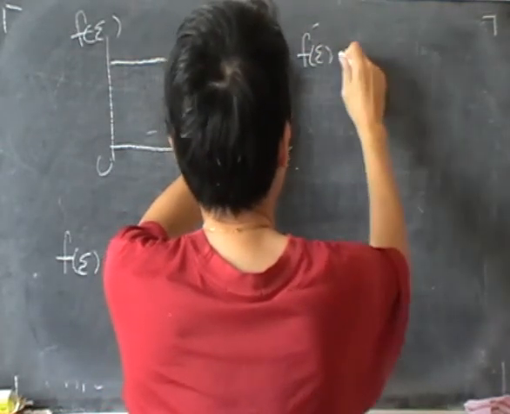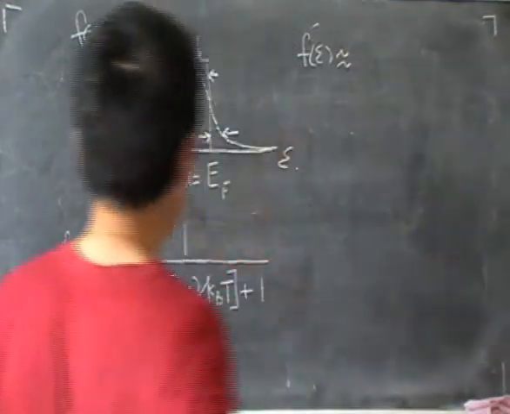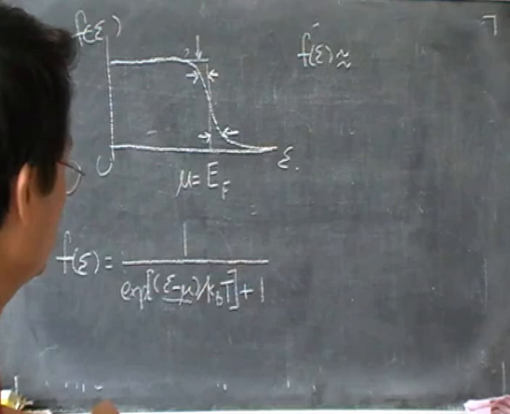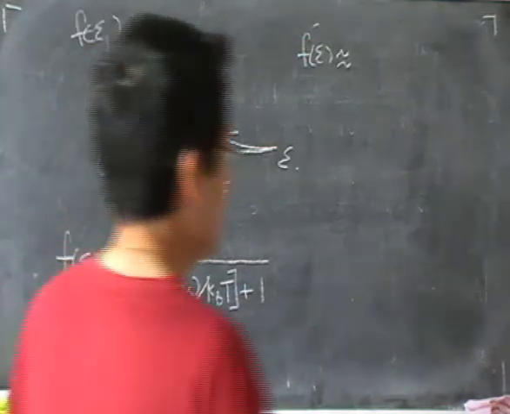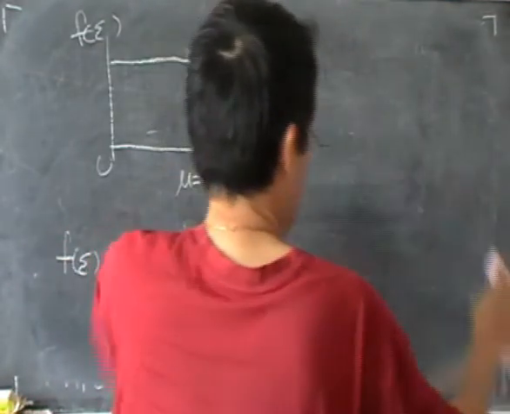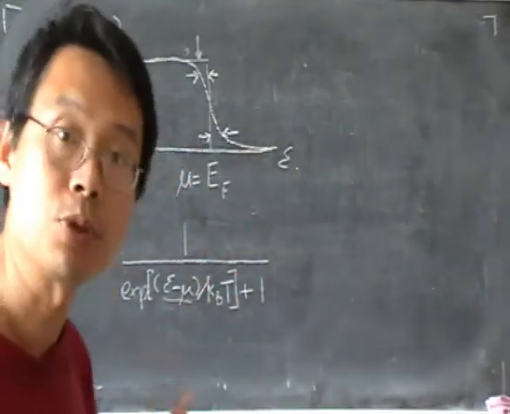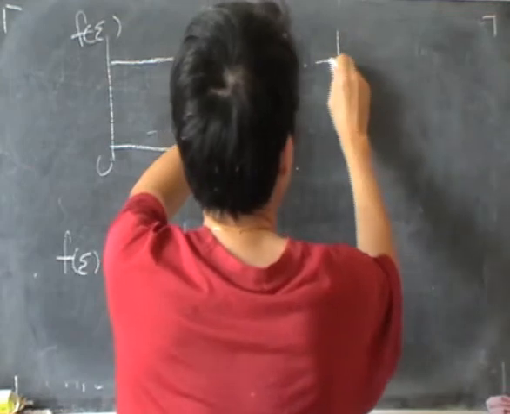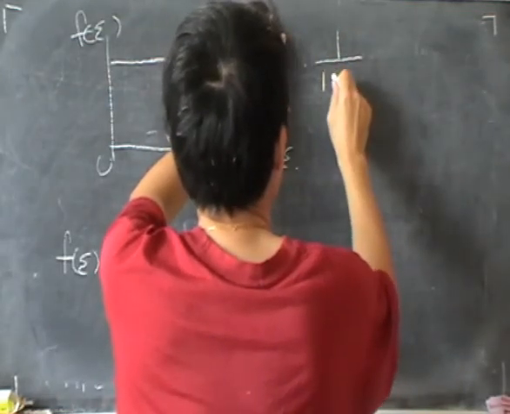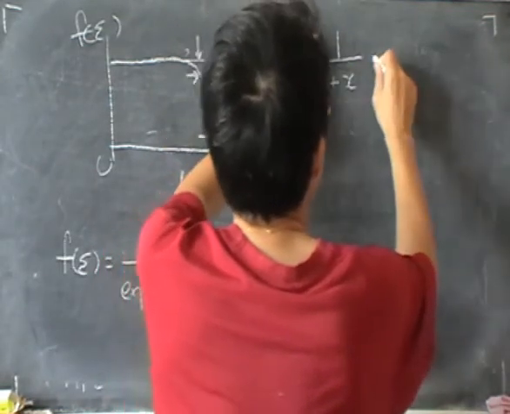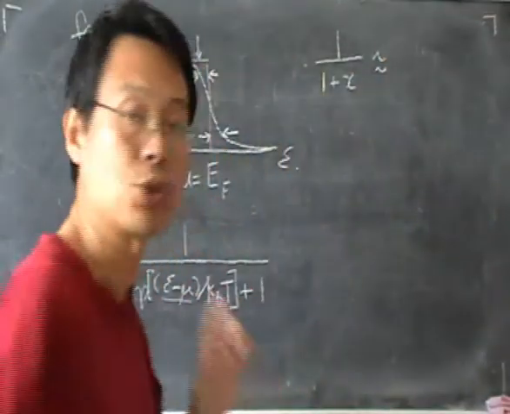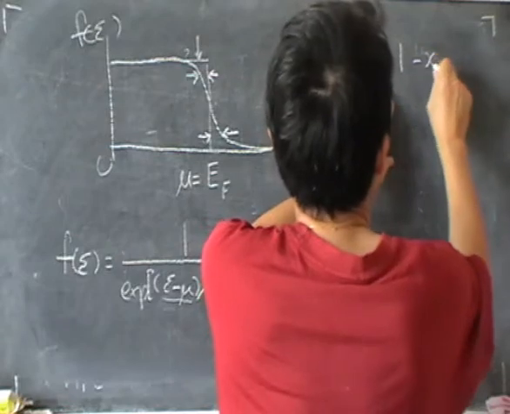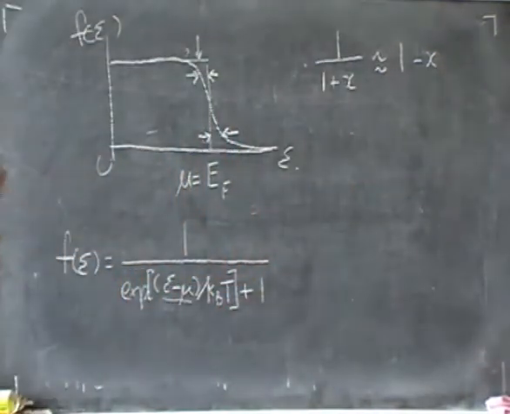here F(E) will become approximately, now let me write down the approximation that I'm going to use. I would want to use the binomial expansion for 1 over 1 plus x. So this is approximately equal to, for small x, 1 minus x. Right? Binomial expansion.